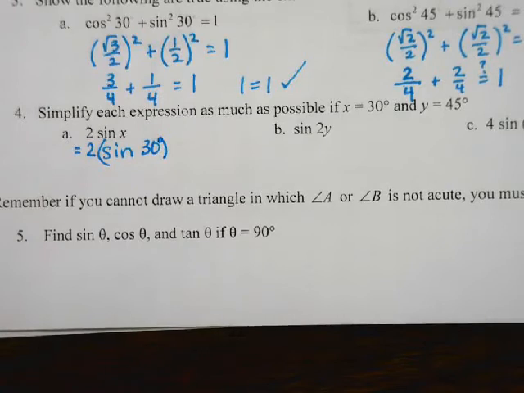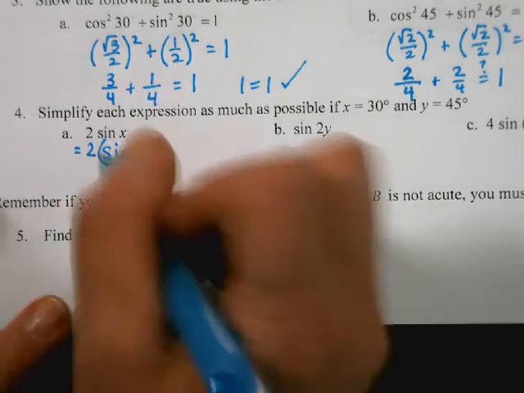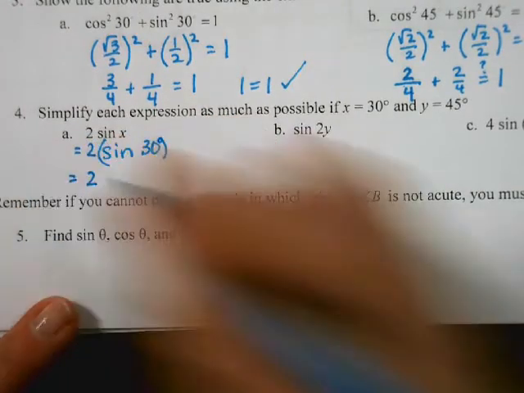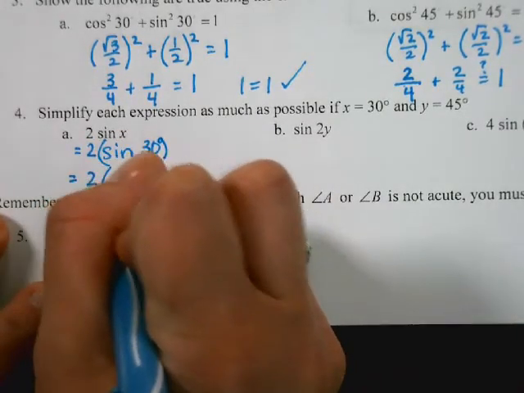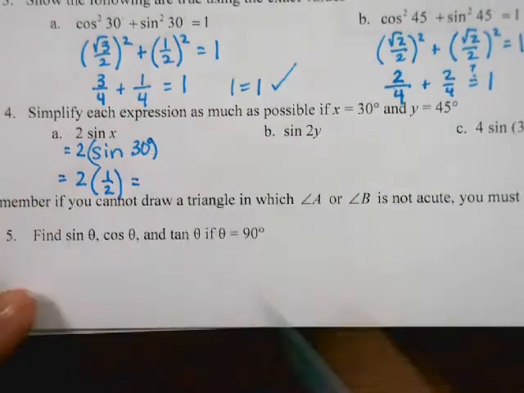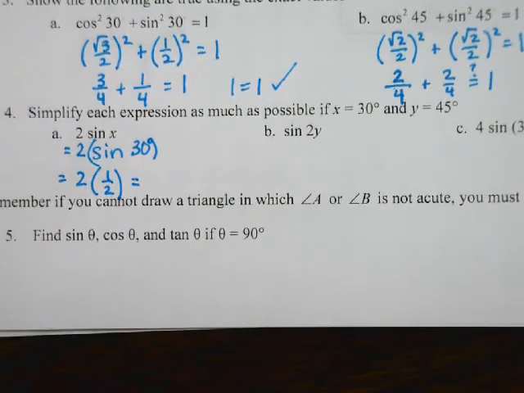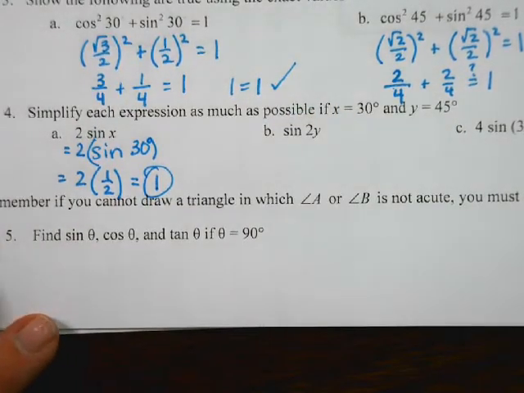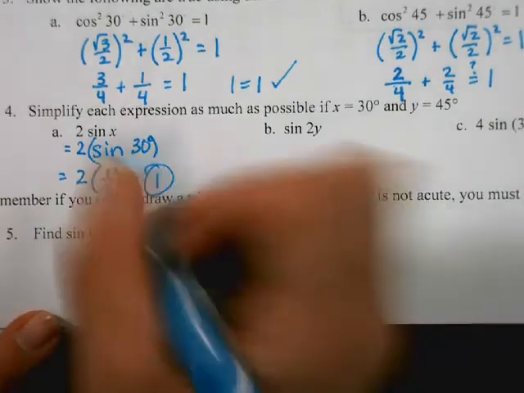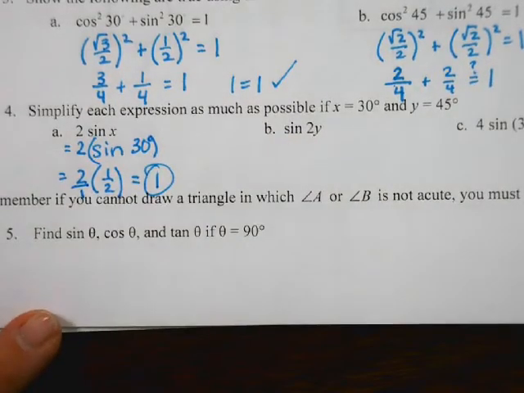You've got your exact value chart of 30 degrees. What's the sine of 30 degrees? 1/2. What's 2 times 1/2? 1. Remember, it's 2 over 1 times 1 over 2.